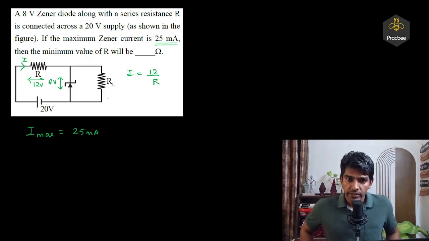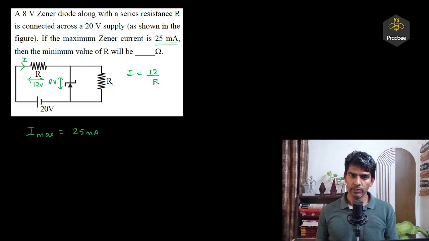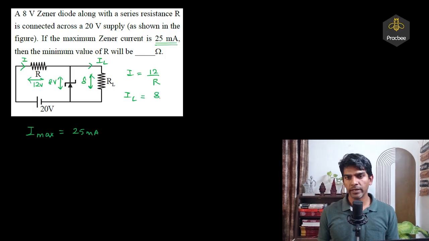So whenever you get such kind of a question where load resistance is not given, right? And we have to find the minimum value. Okay, let me write down. So this is 8 volt and this is IL. So IL can be written as 8 over RL. So let us write down the junction law equation. So I is equals to IL plus IZ. So that will be 12 over R, and IL can be written as 8 over RL plus IZ.